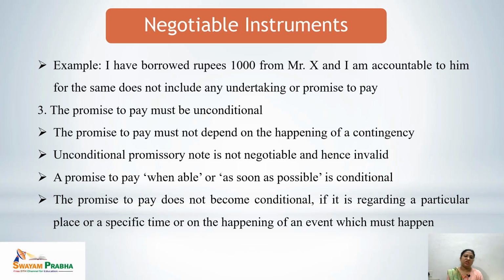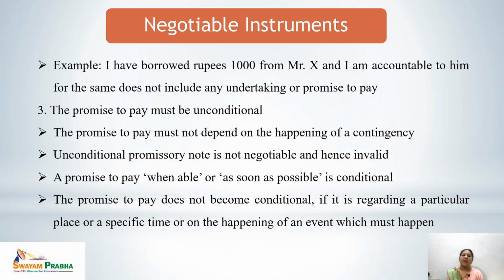The third essential is the promise to pay must be unconditional. That means when any person is making the promise to other person to pay a specified amount, it should not be conditional. The promise to pay must not depend upon the happening of any contingency. A conditional promissory note is not negotiable and hence invalid.